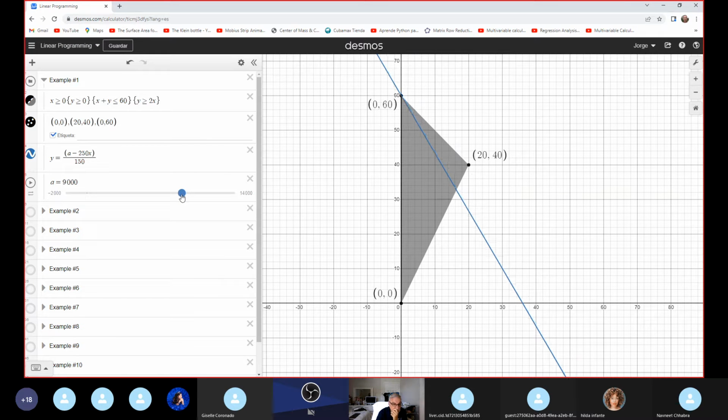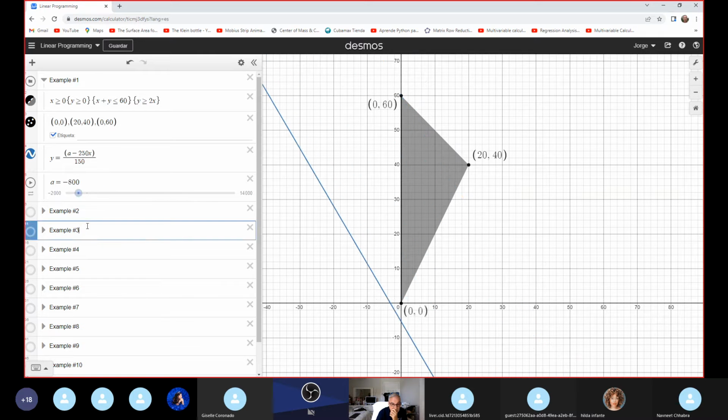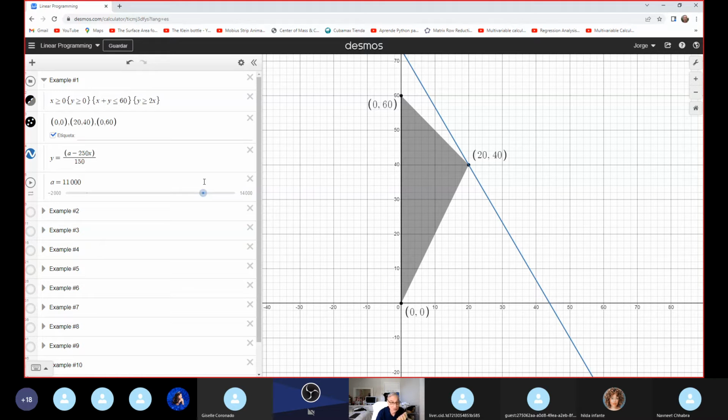Yeah, it's 900. So, it's not the maximum. And at 0,0 it's supposed to be 0. Yeah, it's 0. This is no money. So it's obvious that the solution of the linear programming, the optimum, is 11,000, and this happens at the point 20,40.